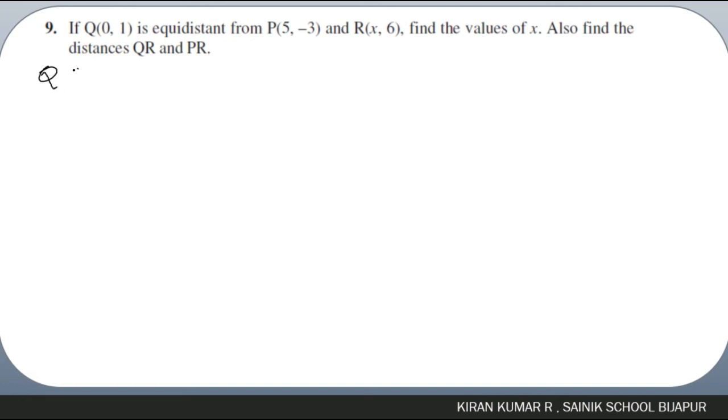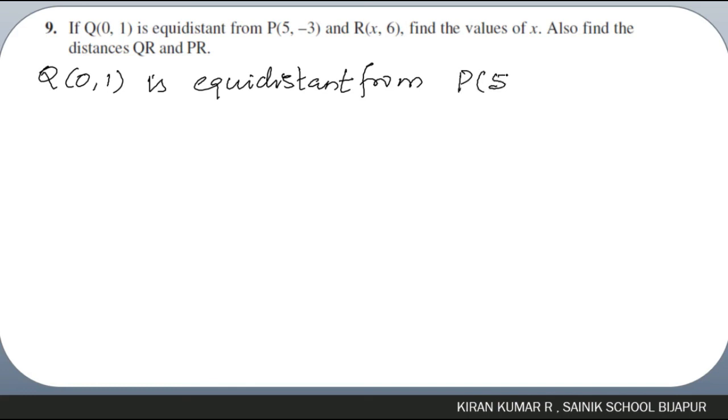Since Q(0, 1) is equidistant from P(5, -3) and R(x, 6), we have the relation QP equal to QR.